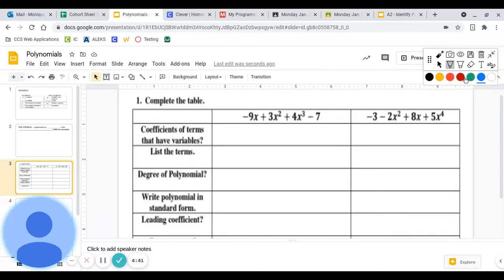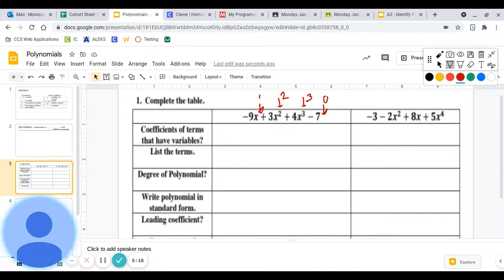So this first one, we're looking at the exponents here. We have a 3 for this exponent. We have a 2 for this exponent, and we have a 1 for this exponent. So what we're going to do is we're going to reorder these. And this one right here, it doesn't have a variable, so we consider this exponent to be 0.